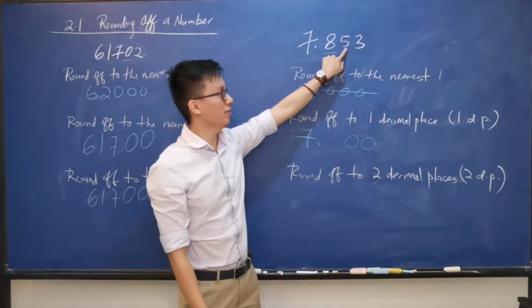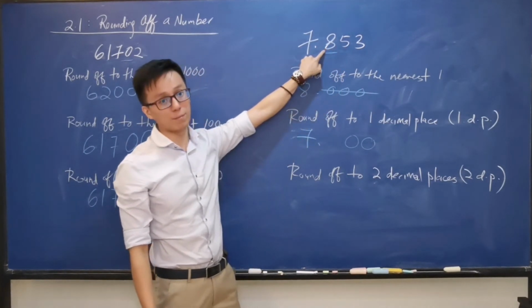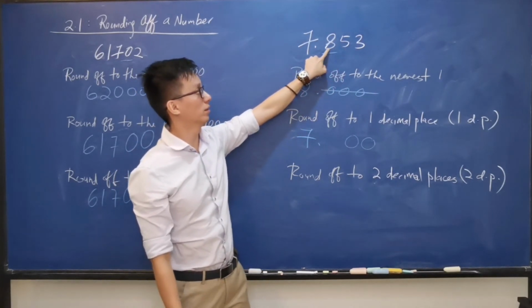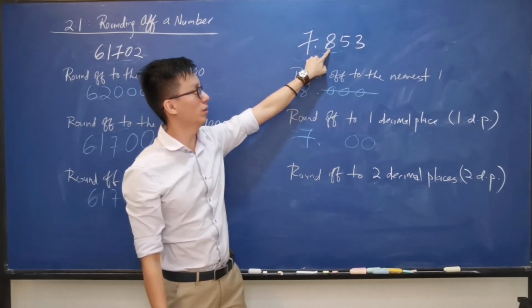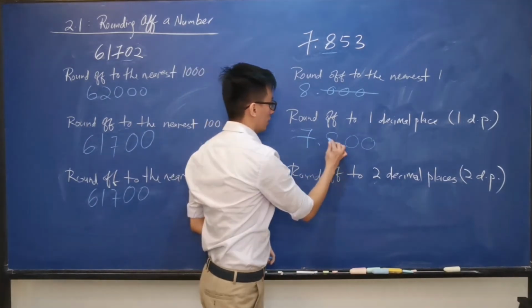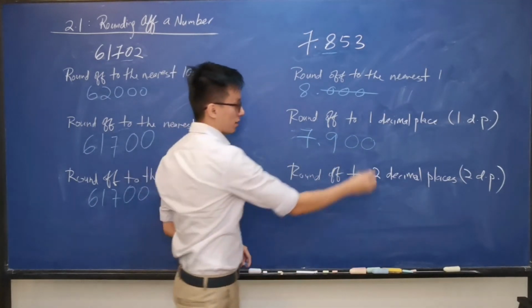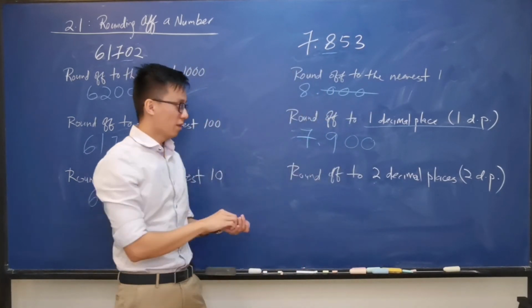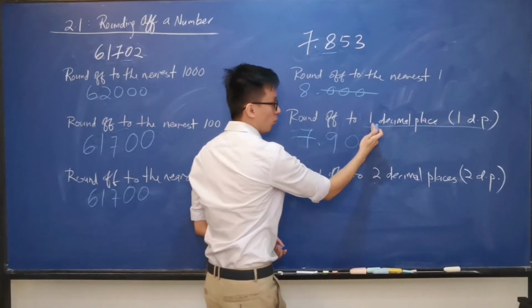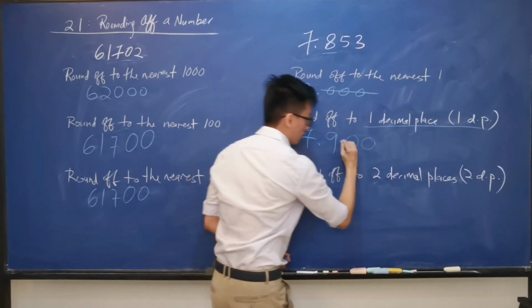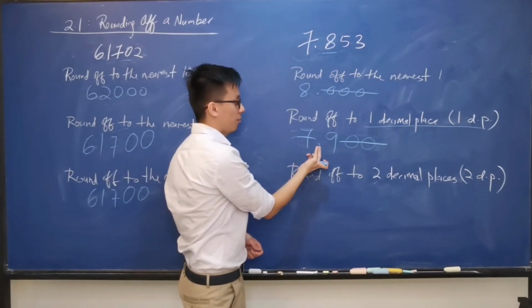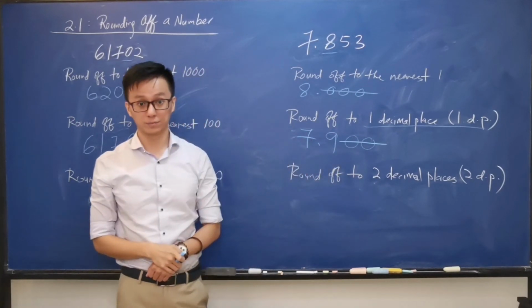So we take 5 to decide whether 8 will remain or turn to 9. It is 5, so 8 will turn to 9. However, the question asks for only one decimal place. So the 0s after one decimal place, we don't write. So the answer will be only 7.9.